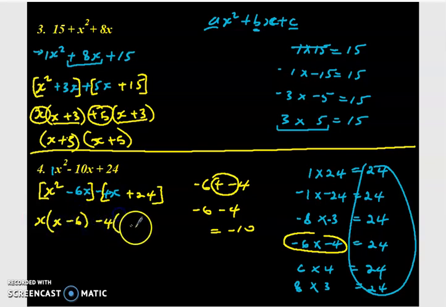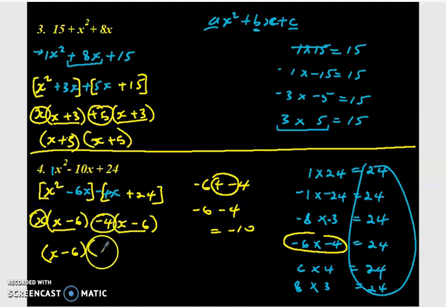Then, for the other pair, factor out minus 4, and that leaves us with x. We have a minus 6 right here, because negative 4 times negative 6 gives positive 24. So x minus 6 is common, so you put x minus 6 in a bracket by itself, and then x minus 4 is on the outside, so you put that in a bracket as well.